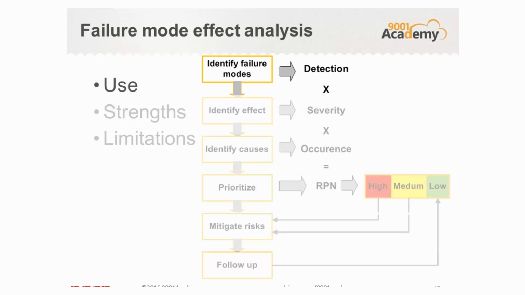Also, historical information on failures can be very useful if they are available. While identifying all the failure modes, you should also determine the level of detection or how easy it is to detect the failure. For example, leakage of the underground tank can be very hard to detect.